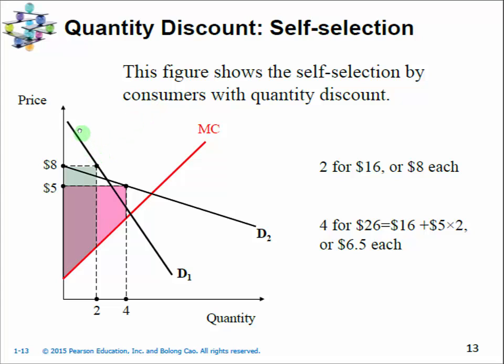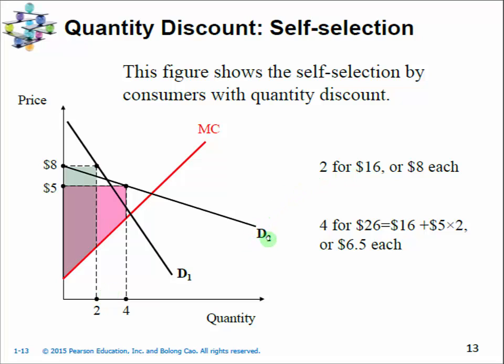Here, the first customer has a very steep demand curve. I assume that for the first 2 units, this first customer's willingness to pay is much higher than the unit price, $8. But for the next 2 units, this customer's willingness to pay falls below $5 very fast. So this first customer only buys the 2-unit package and is not interested in the 4-unit package.